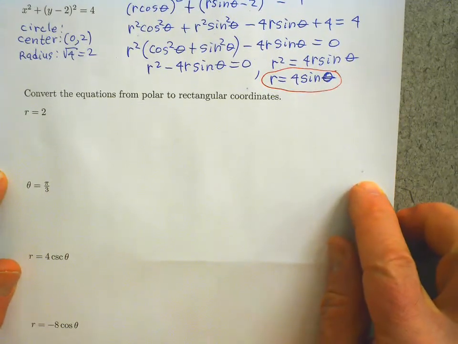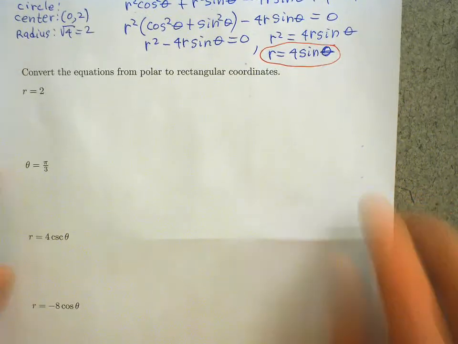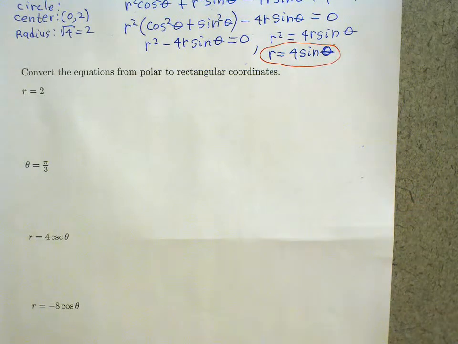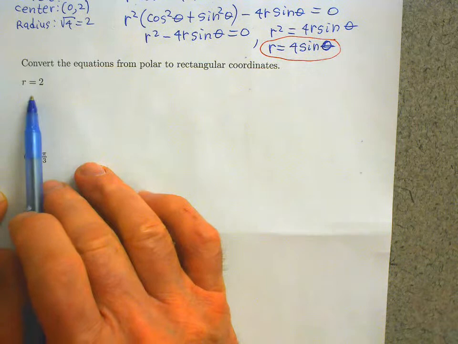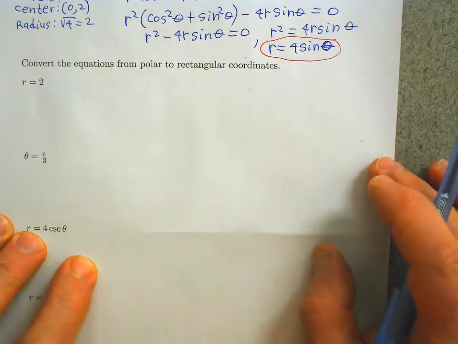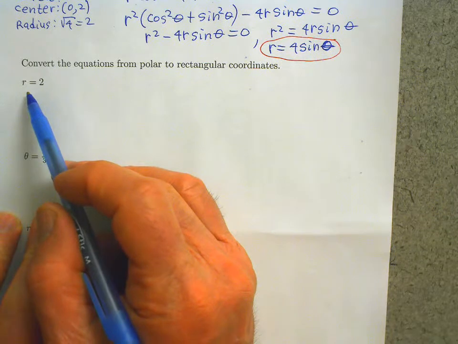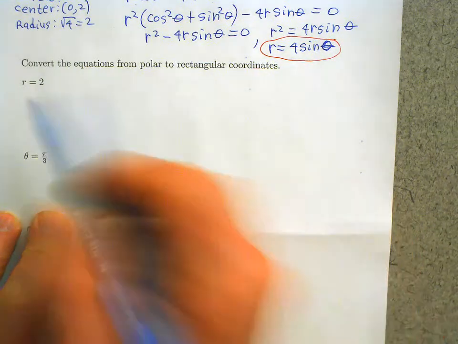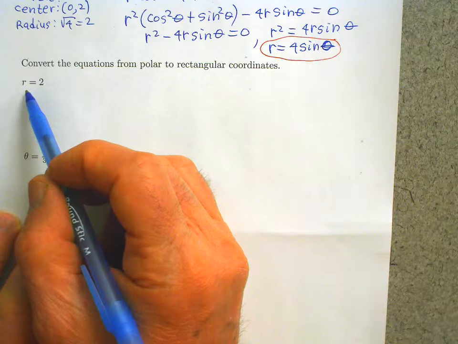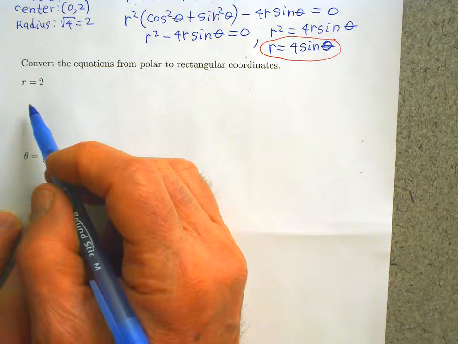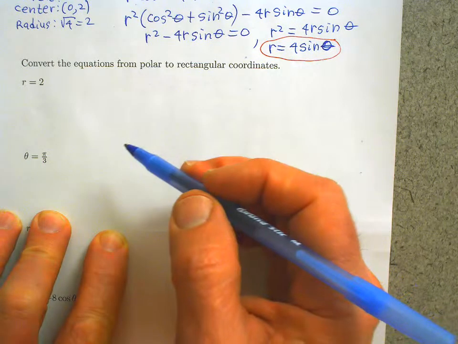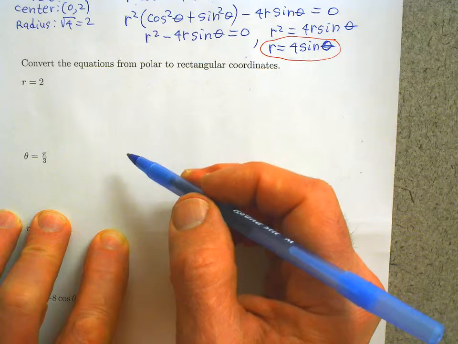Okay, let's do it the other way around. Let's convert some equations that are in polar form and we'll convert them to rectangular coordinates. So r equals 2. One way to think about this before we convert it is that since theta is missing, theta is allowed to assume all values.